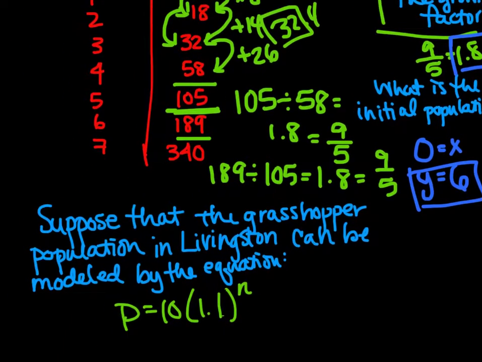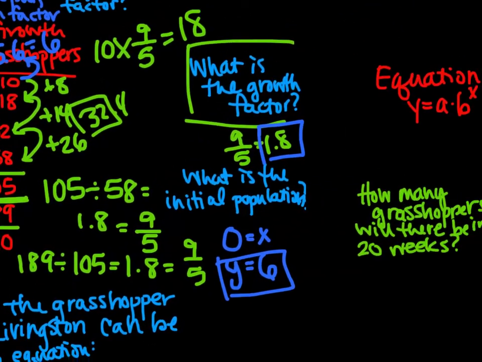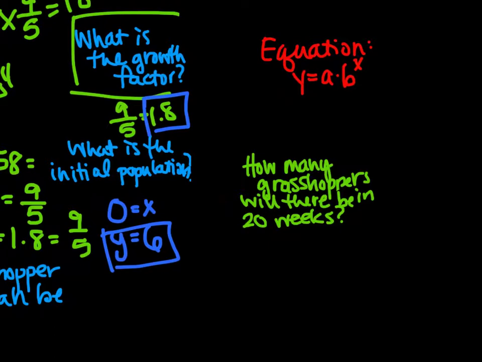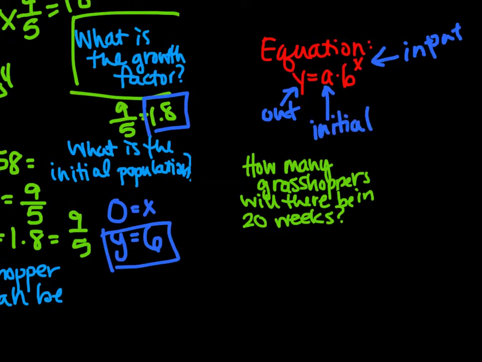So now let's create an equation for this situation. Our equation, if we remember right: the y is our output, our x is our input. So we have essentially out and in. Our a is our initial population, and our b is our growth factor.